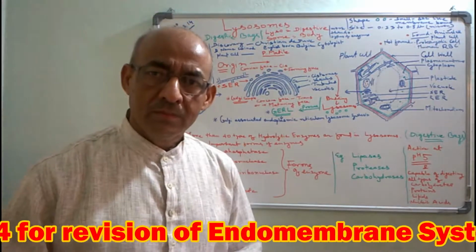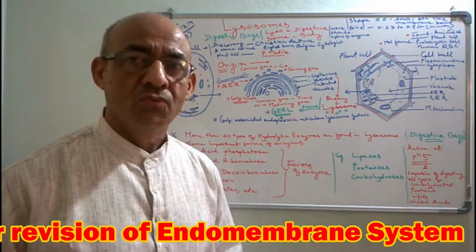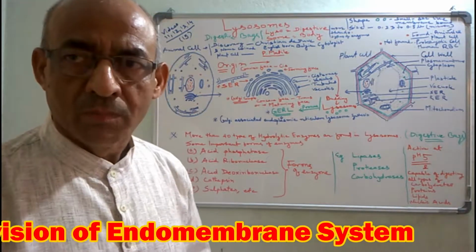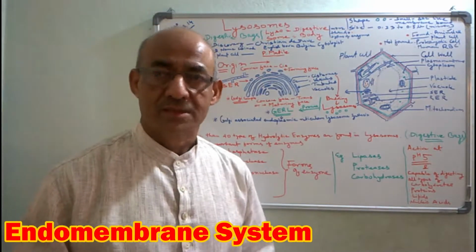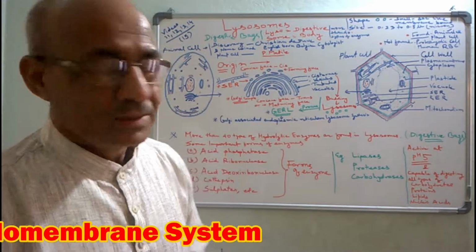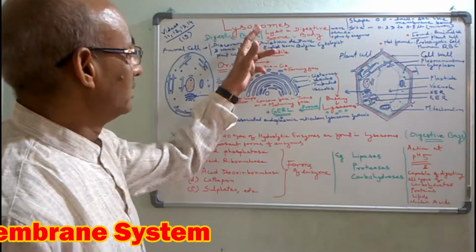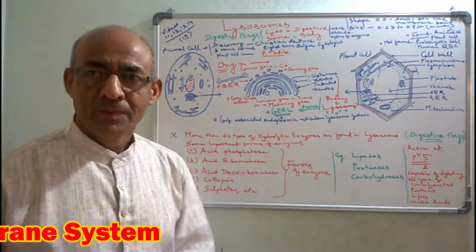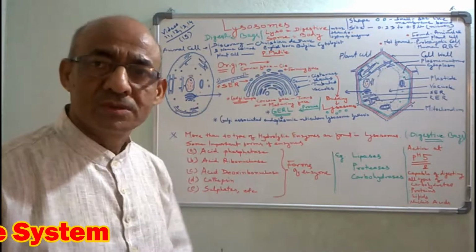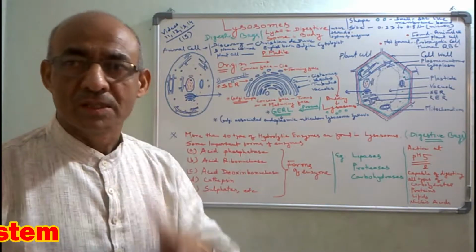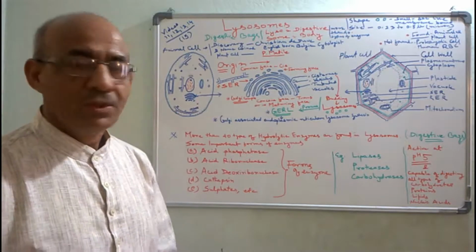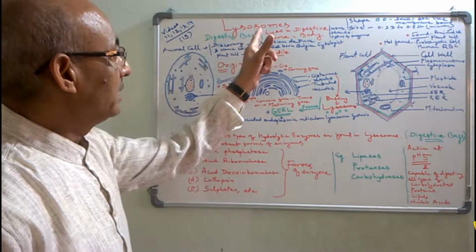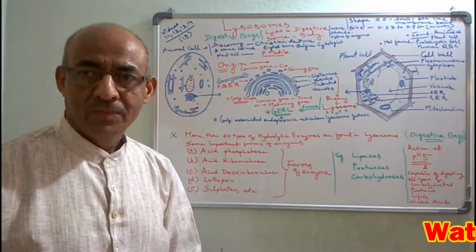Now we will discuss what these membrane-bound tiny electron microscopic cell organelles actually are. See here attentively, this word lysosome is made up of two parts. First is lyso, and then some.